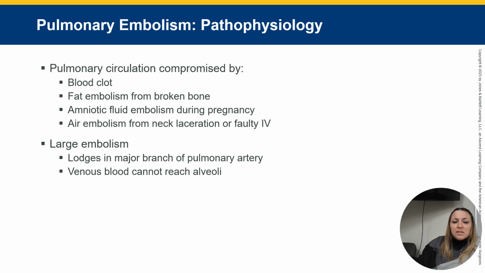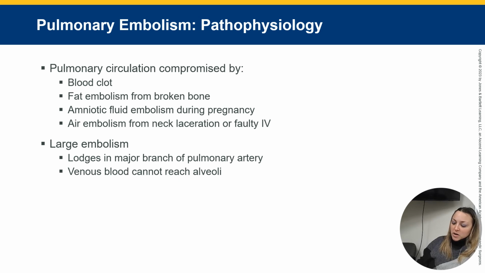But it compromises that pulmonary circulation by lodging in the artery, because it's the pulmonary artery that heads towards the lungs, and it gets smaller and smaller and smaller until it hits the capillary bed.